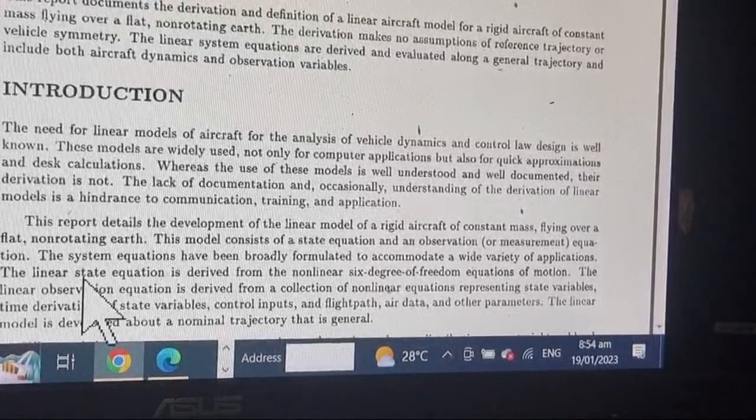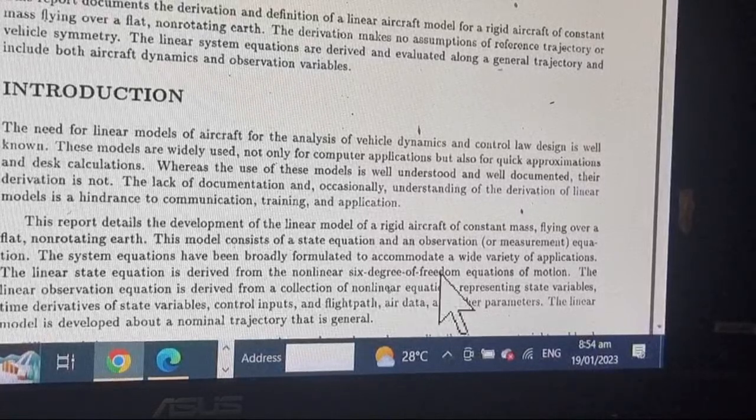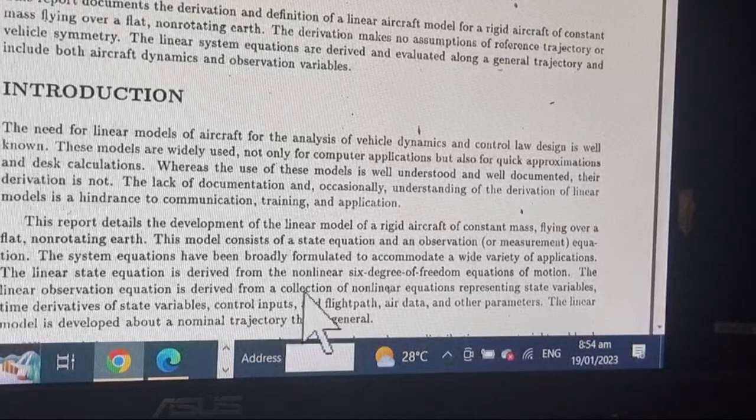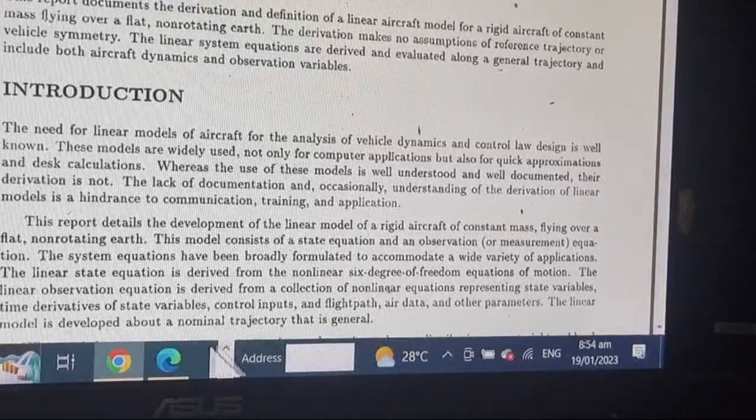The linear state equation is derived from the non-linear six degree of freedom equations of motion. The linear observation equation is derived from the collection of non-linear equations representing state variables, time derivatives of state variables, control inputs and flight path, air data, and other parameters.